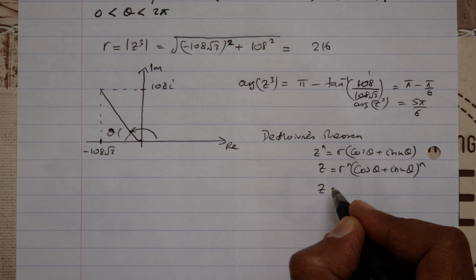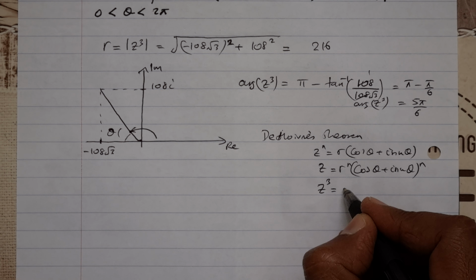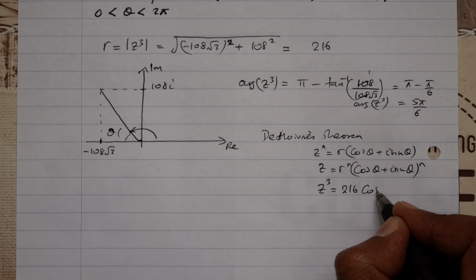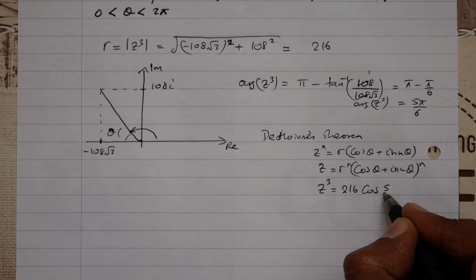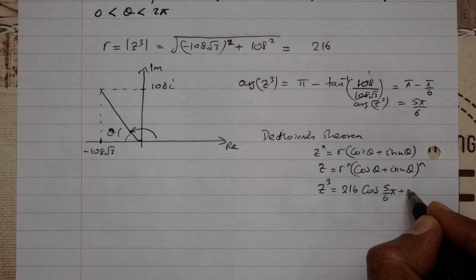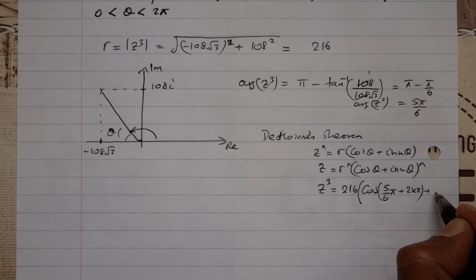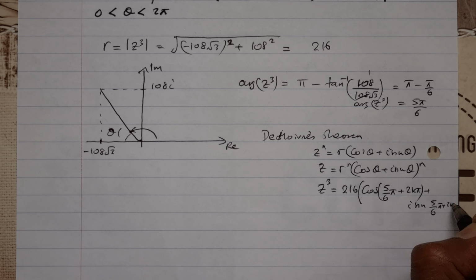So what I have is z cubed equals 216 into cos of 5 over 6 pi plus any rotation of that angle, 2k pi, plus i sine of 5 over 6 pi plus 2k pi.